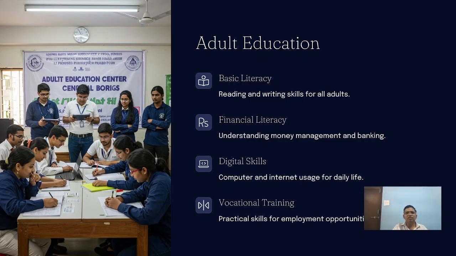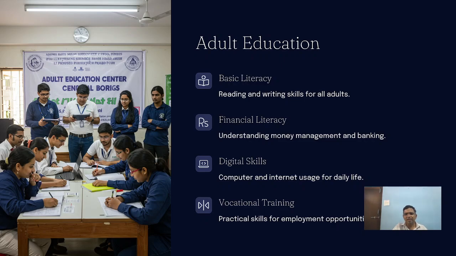Here, this is going to be adult education. So basic literacy skills, LSRW, like reading and writing skills for the adults, and financial literacy. So understanding money management and banking is a basic thing everybody has to learn. And digital skills.